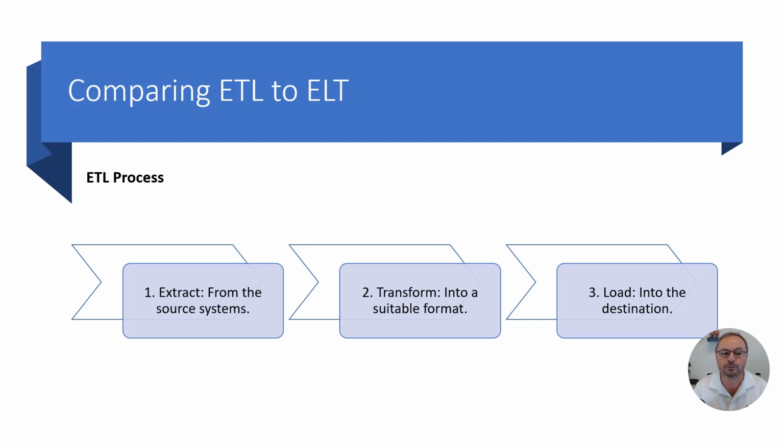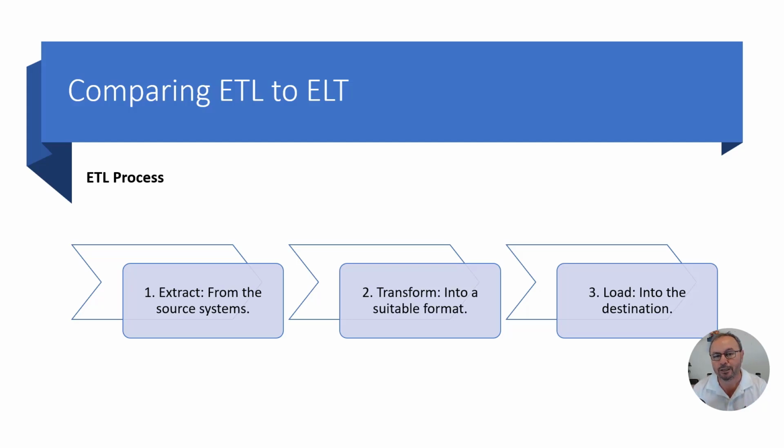Now, when it comes to extract, load, and transform, this is really the opposite. With load and transform, we're basically loading the data into the destination before we transform it. So we want to take the data from the source, load it directly into the destination, and then transformation will occur after it is in that specific destination.